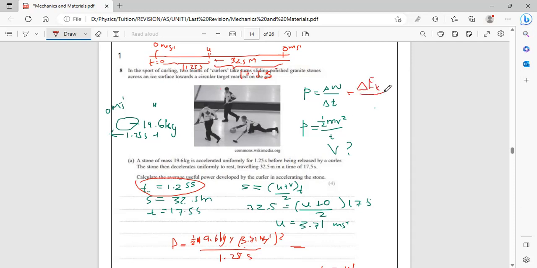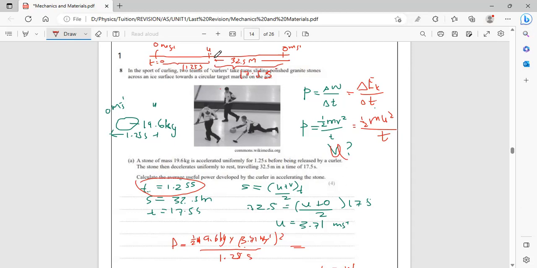Initially, it was at rest, so the change in kinetic energy would be the kinetic energy gained at the end. So that will be half mu squared, divided by the time taken. Now you need to find u. Mass is there. You need to find u to find the power.